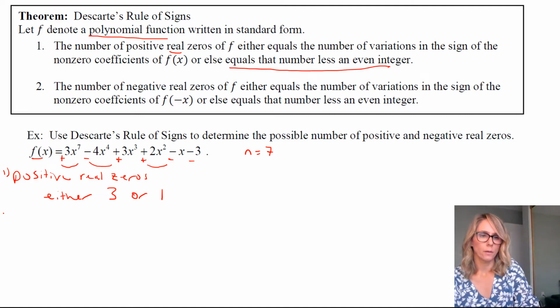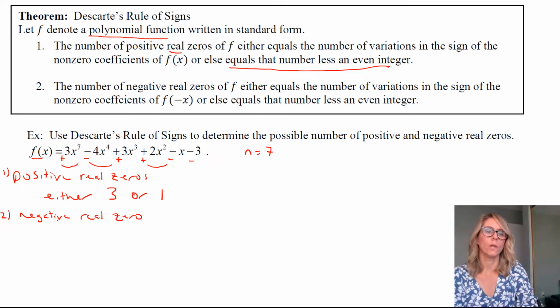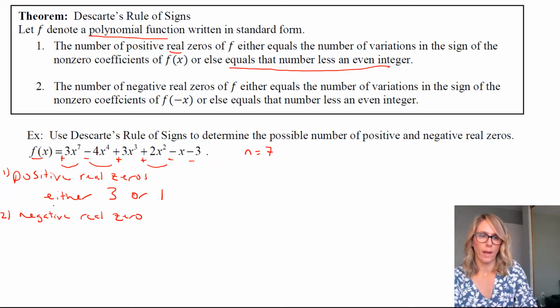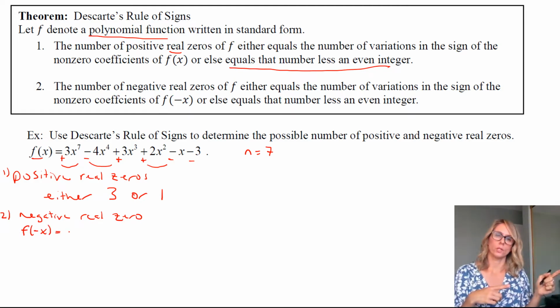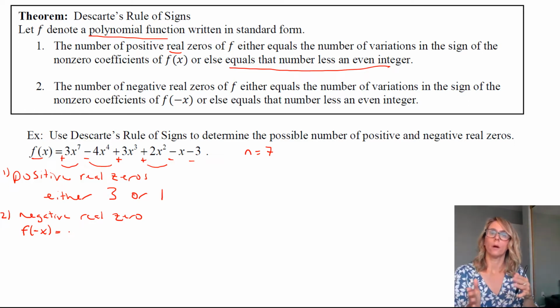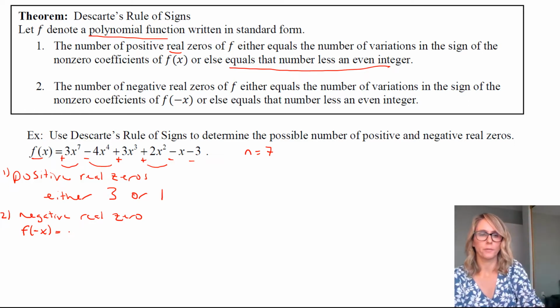Now, in terms of negative real zeros, you have to do a little bit of work. The number of possible negative real zeros is equal to the number of variations again, but when you put in f of negative x. So we have to do f of negative x and then count the number of times that it switches, and that will tell us the possible number of negative real zeros.